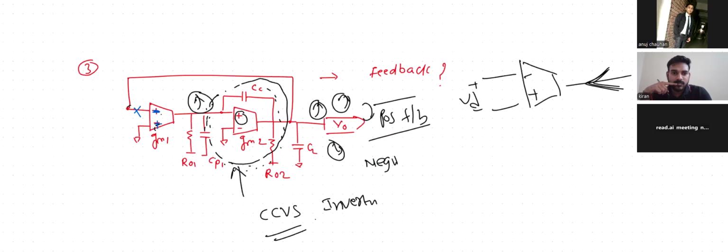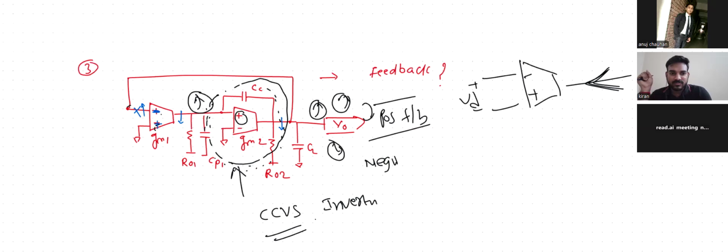This terminal voltage increased. It means current reduced. So this voltage went down. If this goes down, overall the output will be down. Okay. So overall the outer loop is looking like negative feedback. Yeah.